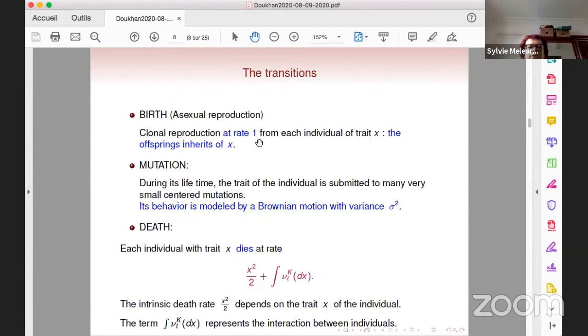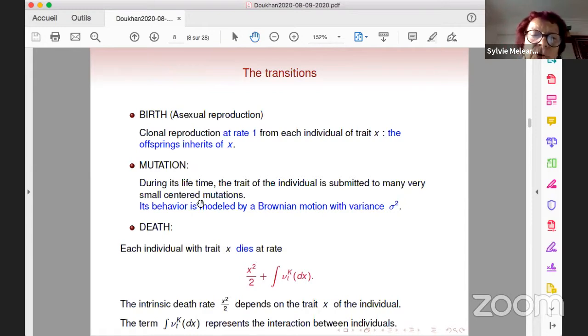So I have birth, which for bacteria, for example, is cell division. As I said, it is asexual reproduction, and I assume that it's clonal, in the sense that the offspring inherits the trait of the parent. We assume that this reproduction happens at rate 1. Then we have mutation, and here we will model mutation in a very simple way.